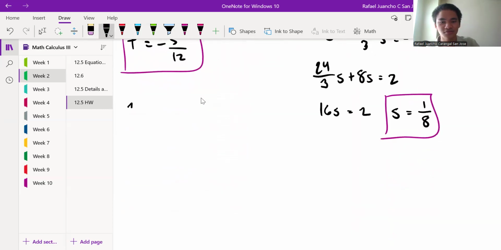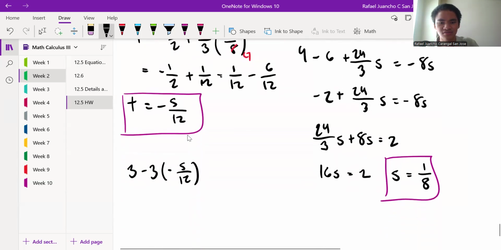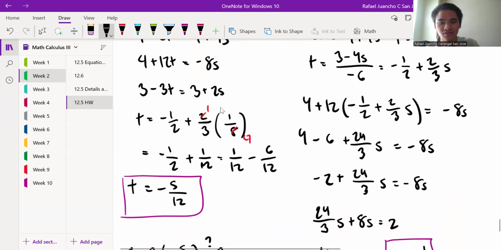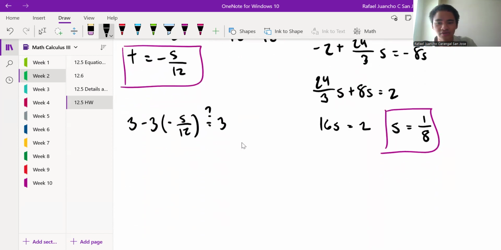Now I'm gonna plug it in this last one, see if they intersect. So I get 3 minus 3 of this thing, negative 5 over 12, equals, and I put a question mark here, is it equal to 3 plus 2 times 1/8? So again, I can make this 1, I can make this 4.